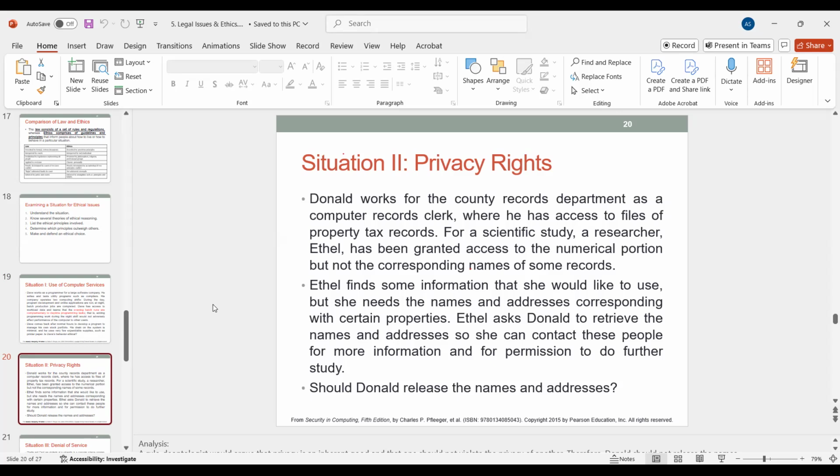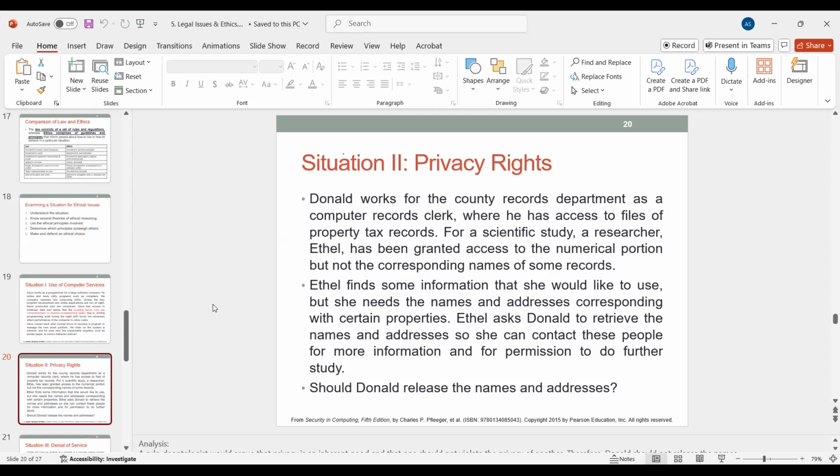Donald cannot share that information. Why? Let's say that information was collected for some other purposes. So you need to think about the privacy concern. If you are collecting information for a particular purpose, we cannot use that information for another purpose. If you want to use that data for other research purposes, you need to clearly get the consent, the permission from the people whose information is being collected.